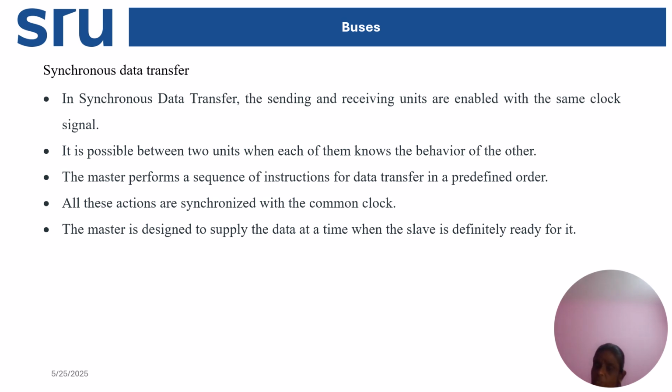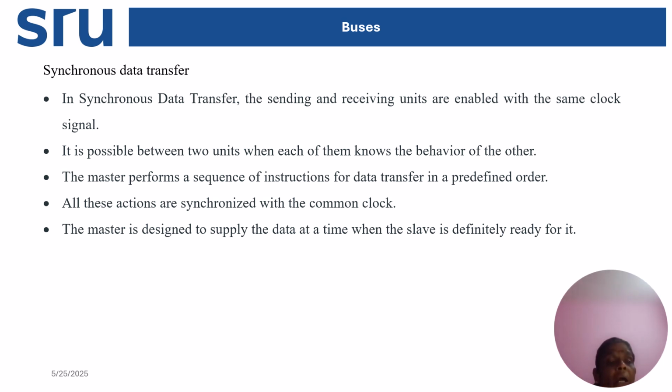Now, what is the root cause of that synchronization? The only thing is that a clock of high rate, high frequency will be used to coordinate the functions of both the devices. So definitely without a clock signal, synchronization will not happen.